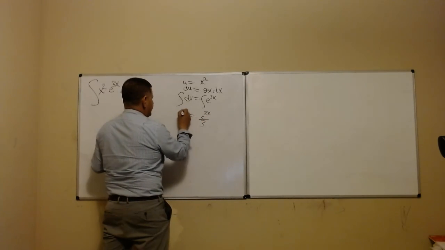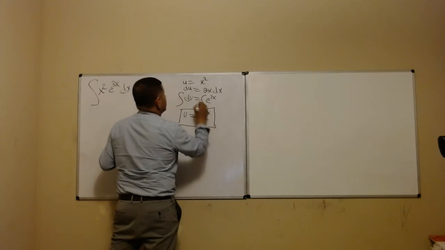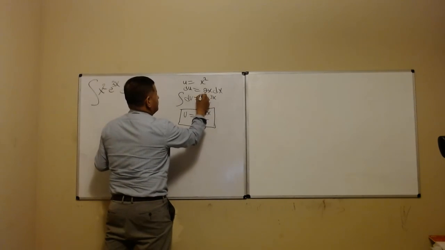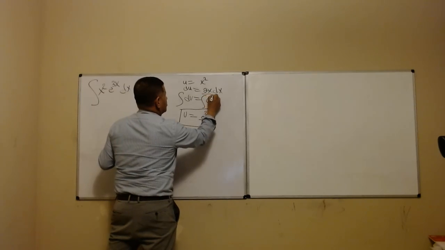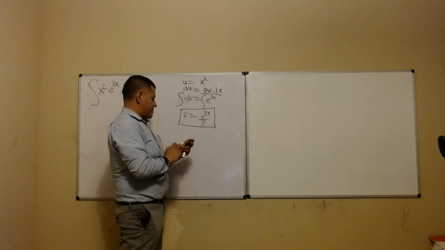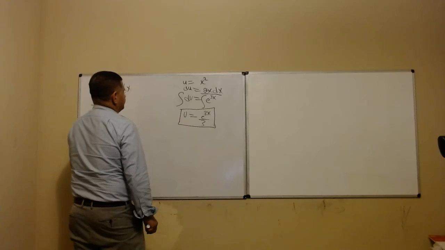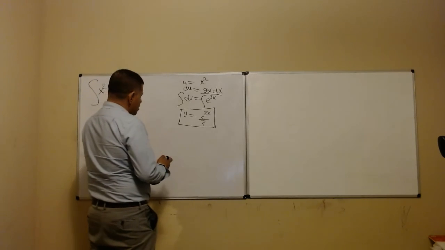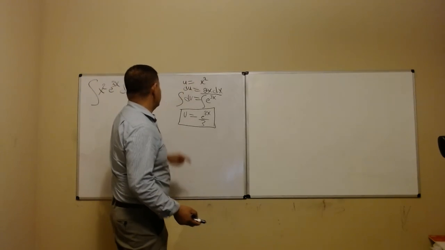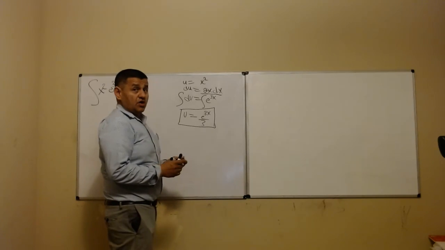So we have a u, a du, and a v, because we will need all those terms.